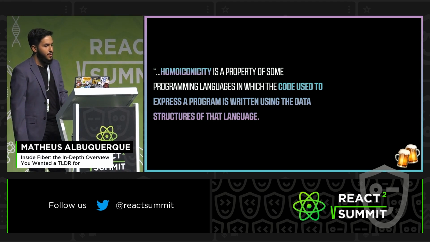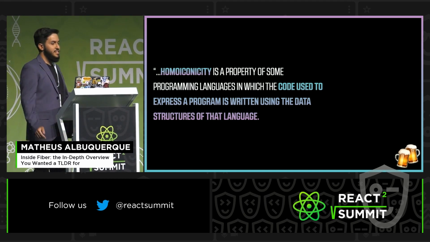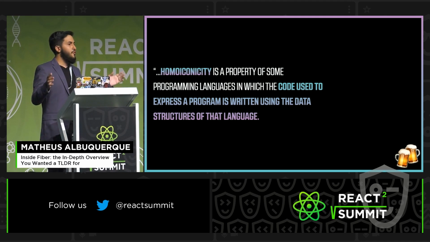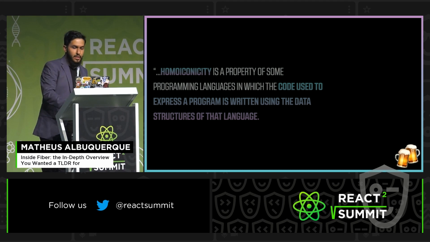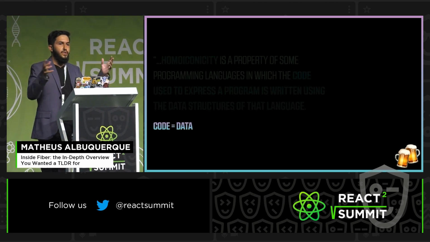So this nice word, you'll find in Wikipedia or some other sites, is basically a property of programming languages in which the code used to express the program is written using the data structures of that language. This is really easier to visualize in languages like Clojure, for example, or Lisp. But for now, let's take this: your code is data, and your data within the program is the code.